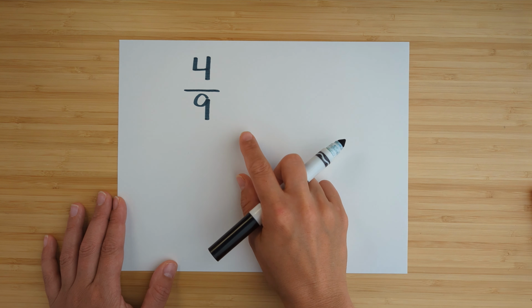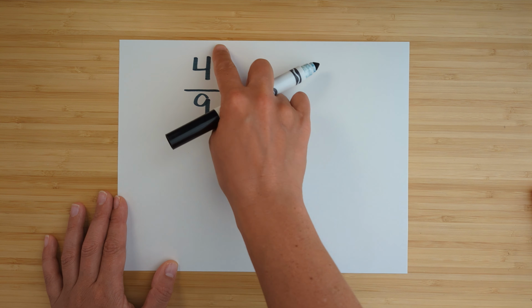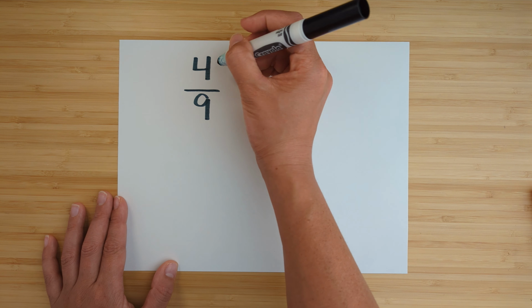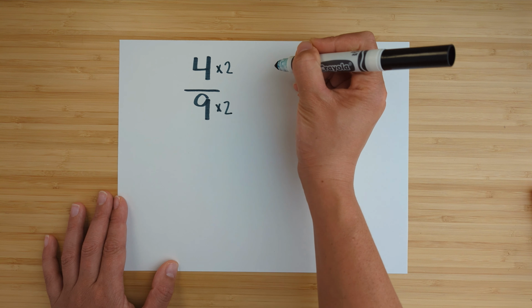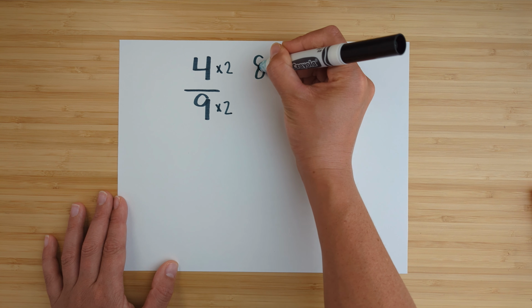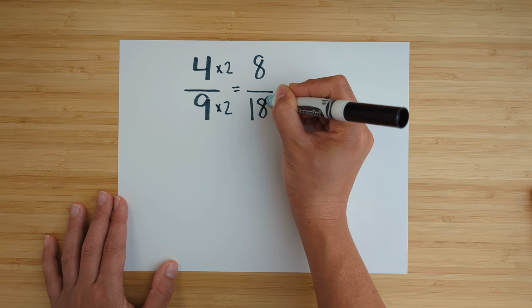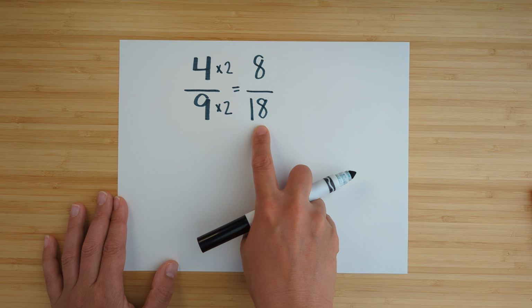All right, let's look at the fraction 4/9. 9 is odd, so I'm going to rewrite this fraction as an equivalent fraction with a denominator that's even by multiplying by 2. 4 times 2 is 8. 9 times 2 is 18. Now I look at the denominator, 18.